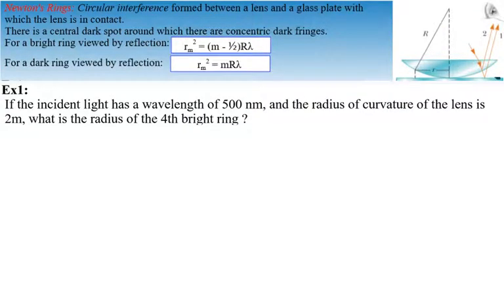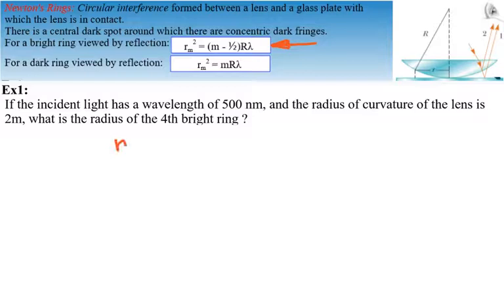In this question, they say the incident light has a wavelength of 500 nanometers and the radius of curvature of the lens is given as 2 meters. What is the radius of the fourth bright ring? When they mean the fourth bright ring, they mean constructive interference, and I'm looking for the fourth one. So I'm going to look at the bright fringes, constructive interference.